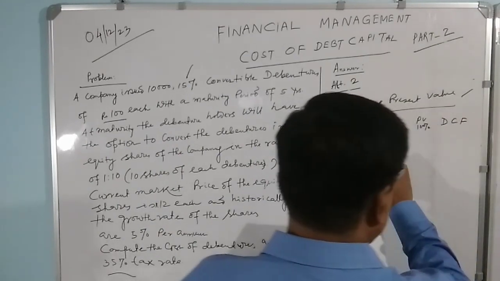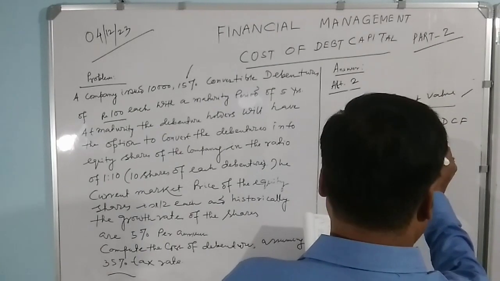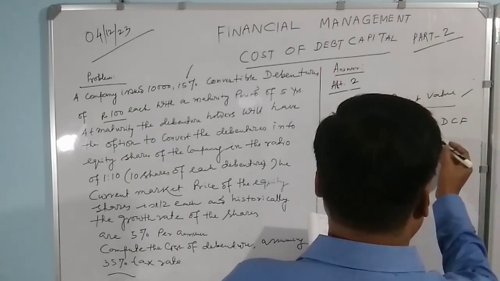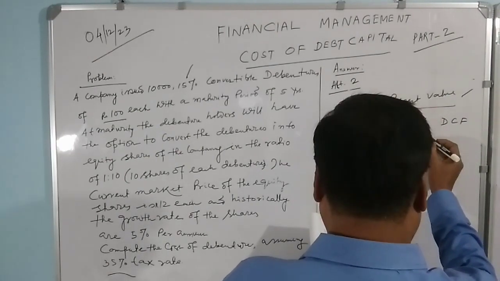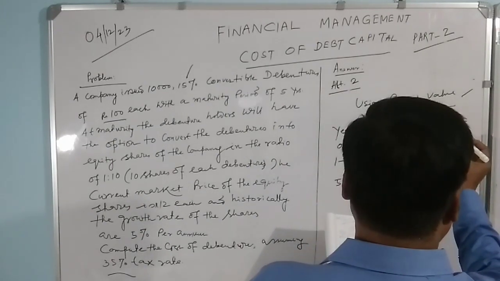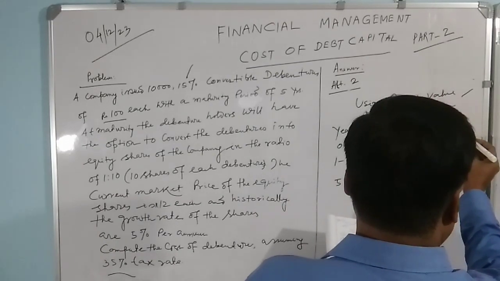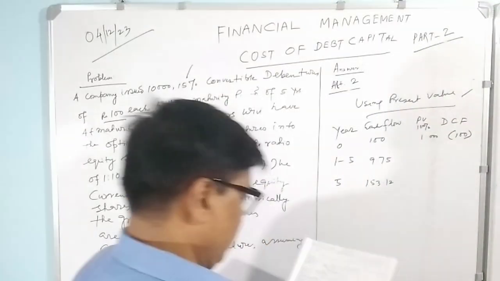So if it is cash flow 100 rupees and 10% rate, it will be 1.000, and discounted cash flow 100 that way.